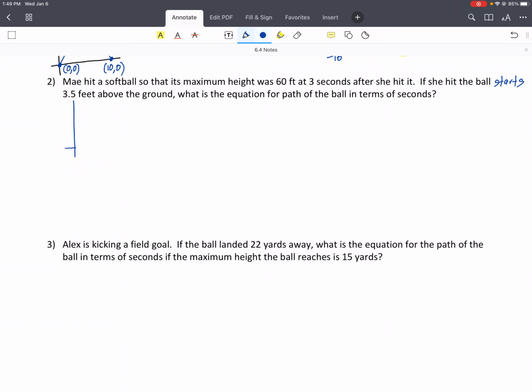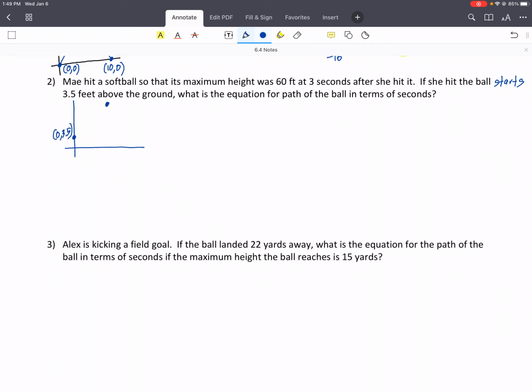Okay, so let's sketch this graph. So it starts at 3.5 feet above the ground. So it's going to be our y-intercept. So our y-intercept is going to be 0 and then 3.5. She hits the softball to its maximum height.